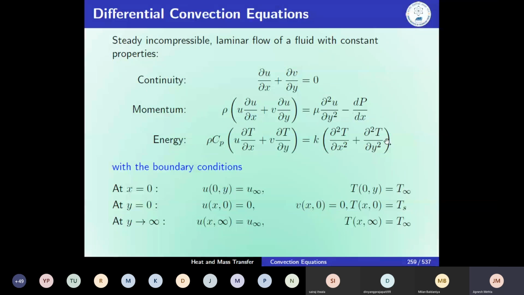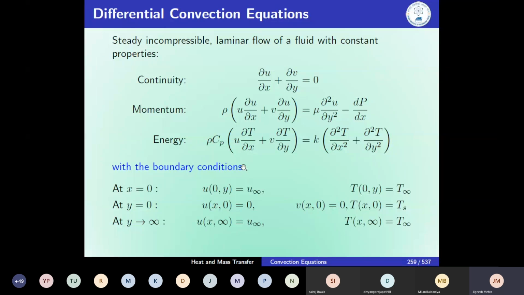And then this is the energy equation, and the left hand side is due to advection, the energy entering due to the mass entering, and this on the right occurs at the boundary, the diffusion or conduction.